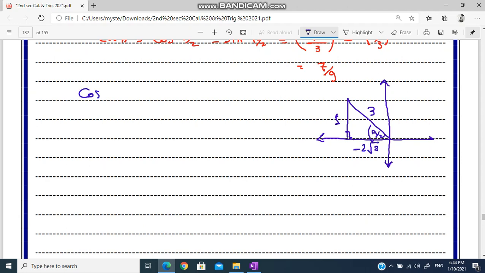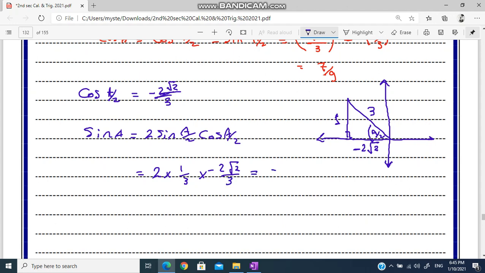So cosine a over 2 will be negative 2 root 2 over 3, and sine a will be 2 sine a over 2 cosine a over 2, which will be 2 times 1 over 3 times negative 2 root 2 over 3, which equals negative 4 root 2 over 9.